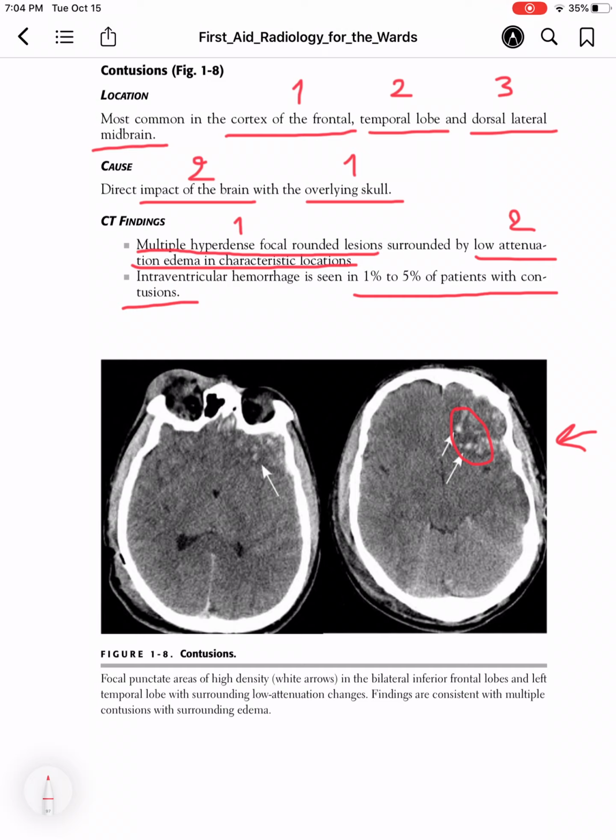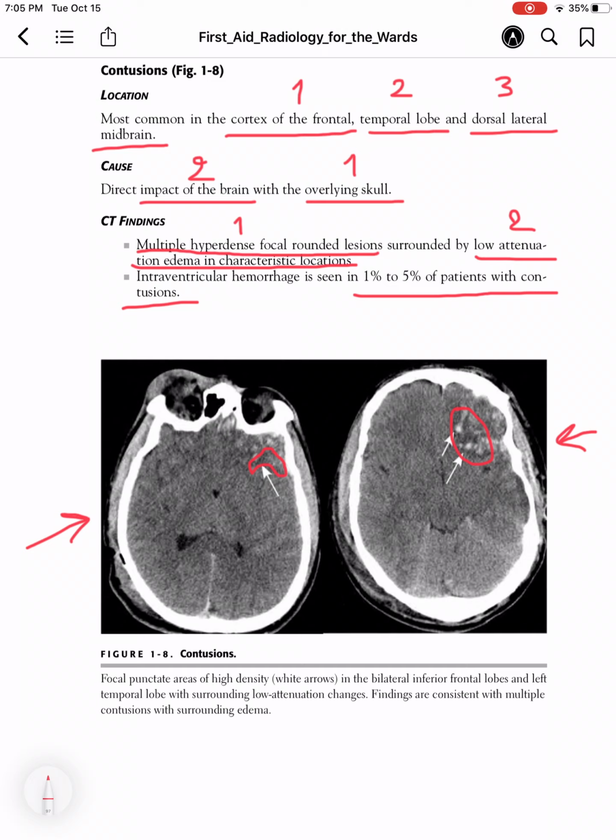What does low attenuation mean? The edema will look a little bit more black than the brain tissue surrounding it. For example, if you take a look right here in this picture, I'm going to show you right now.